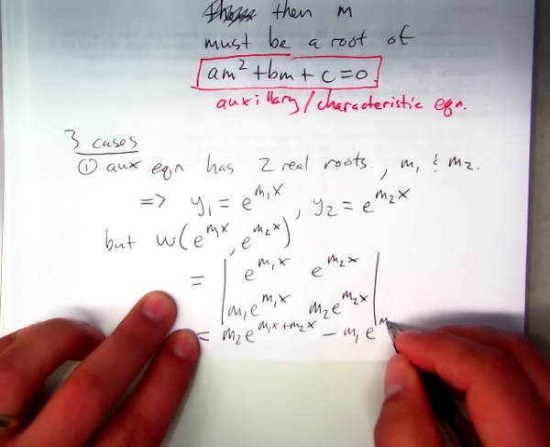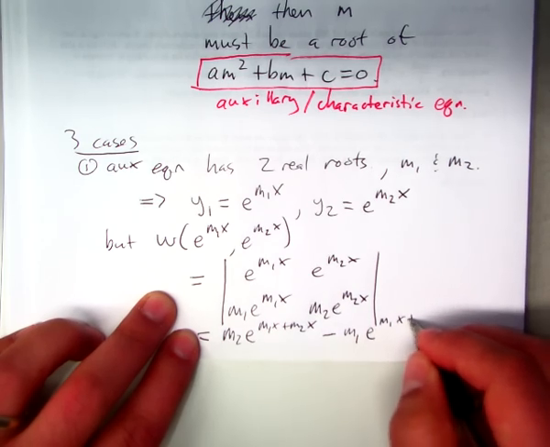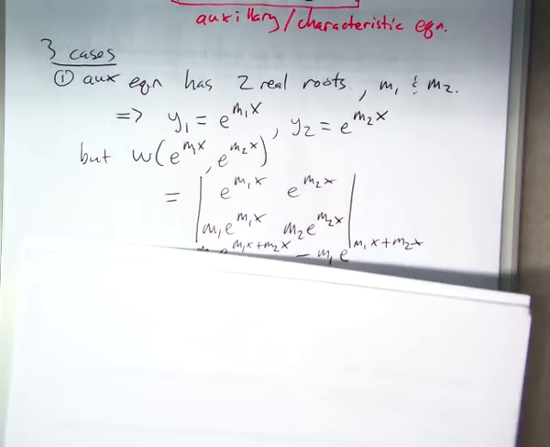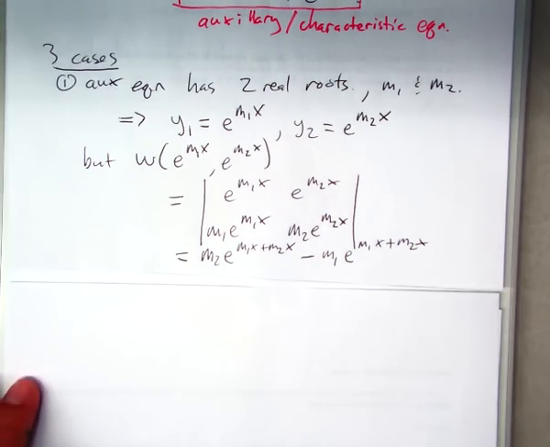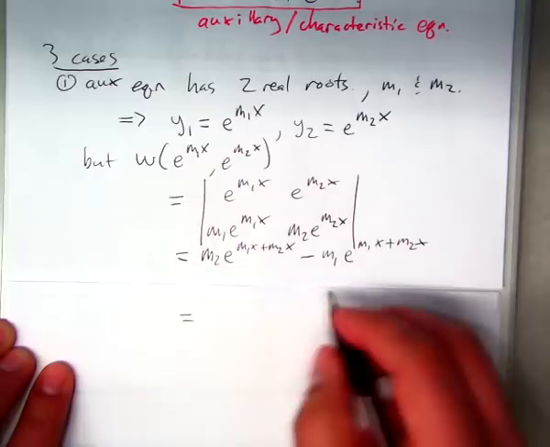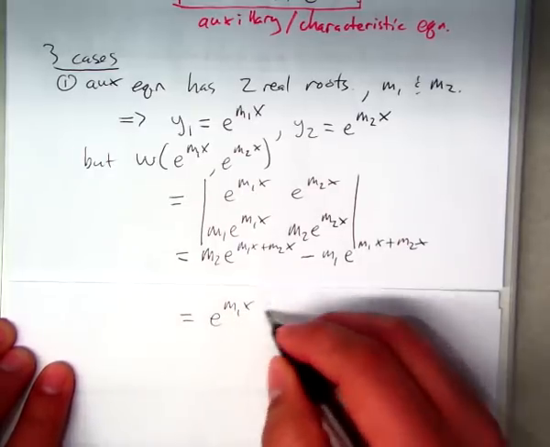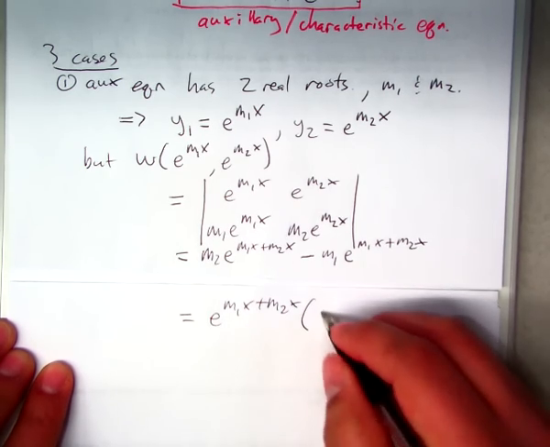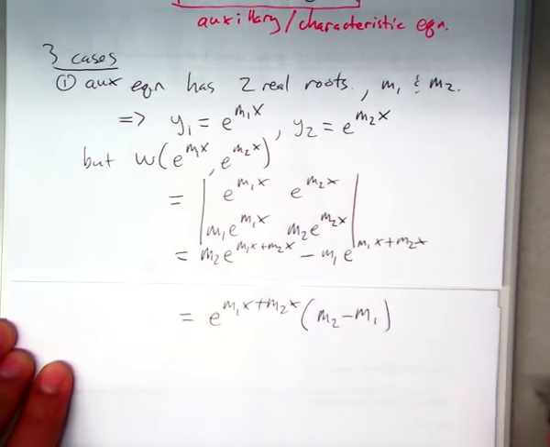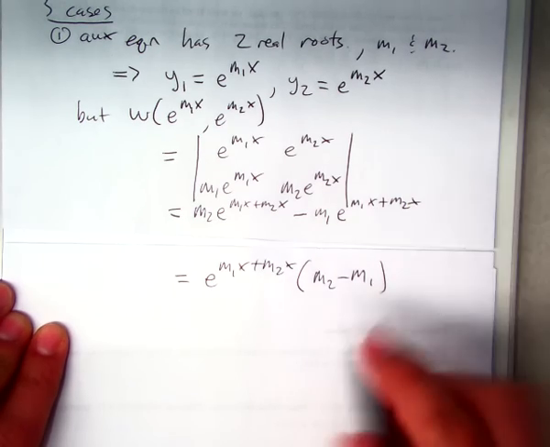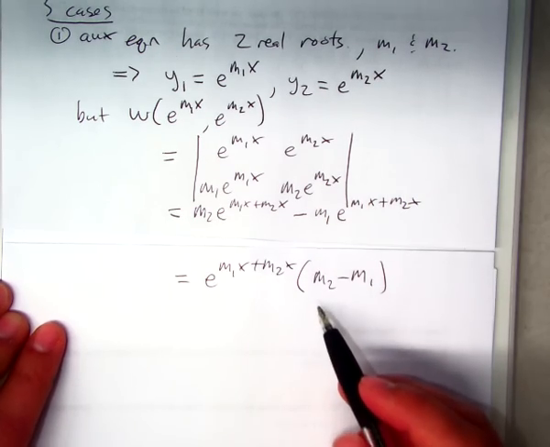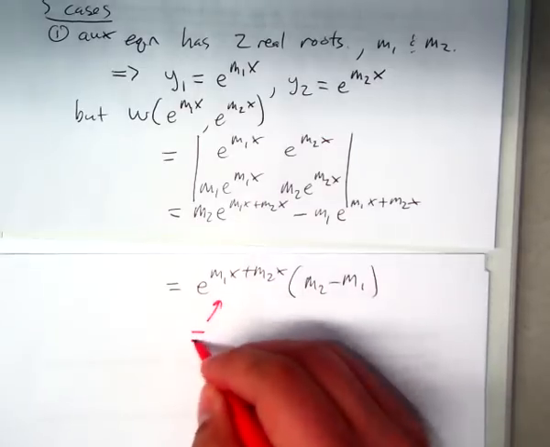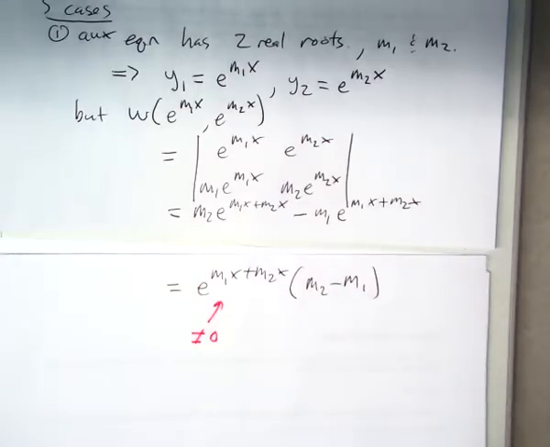So again, m1x plus m2x. We can factor out e to the m1x plus m2x, and we're left with m2 minus m1. And the whole point of doing this was to show that this doesn't equal 0, right? Well, we're halfway there. This never equals 0 because it's an exponential function.